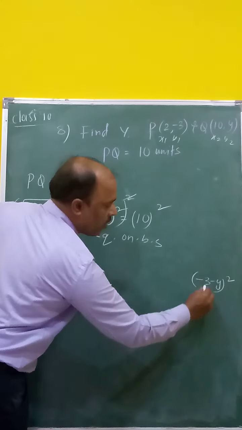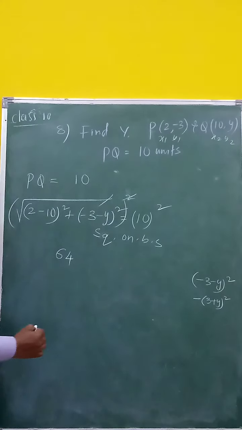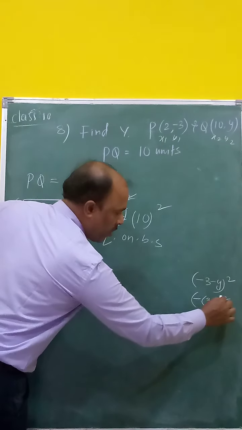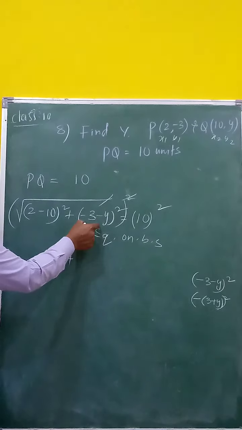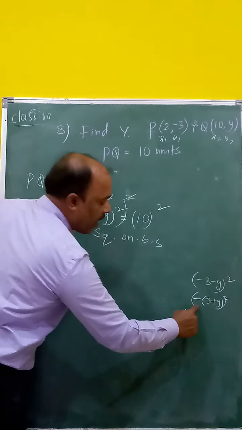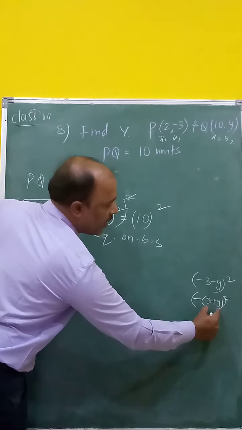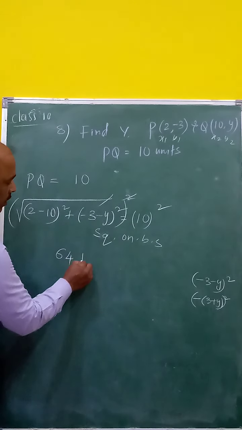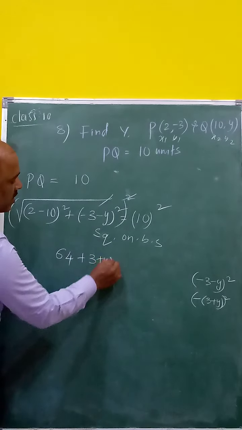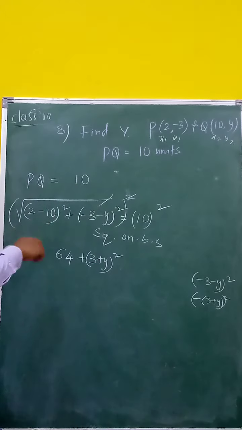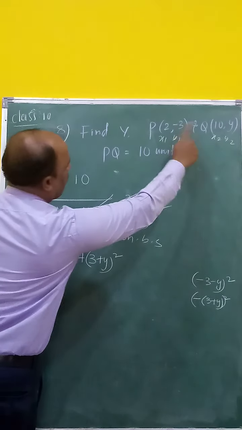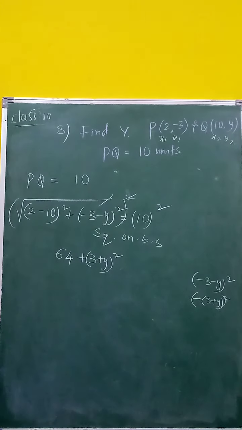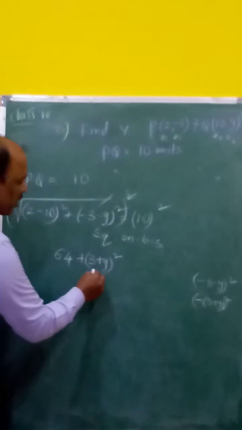What is remaining? 3 plus y whole square, because this minus is also inside the bracket, and if you square minus, then it is plus only. 3 plus y is in a plus b whole square form. If you take y2 minus y1 directly, you get y plus 3 whole square only. Same way, 3 plus y whole square.